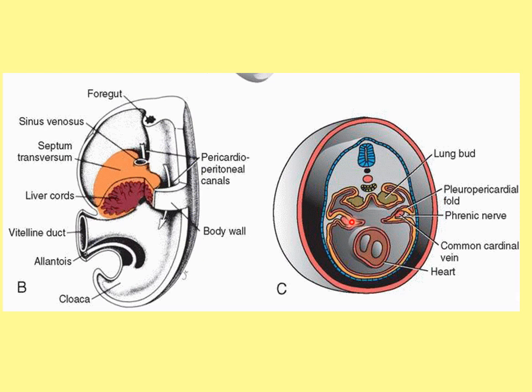When this pleuropericardial fold fuses in the midline, uniting and meeting in the center, it completes a partition between the heart and the lungs. So this makes the pleuropericardial membrane.